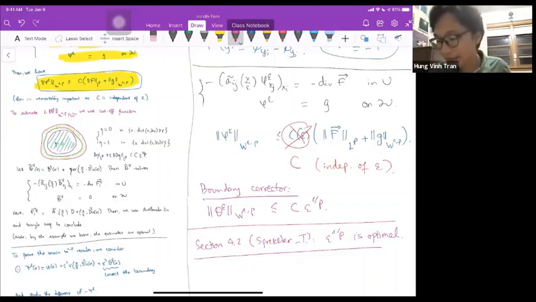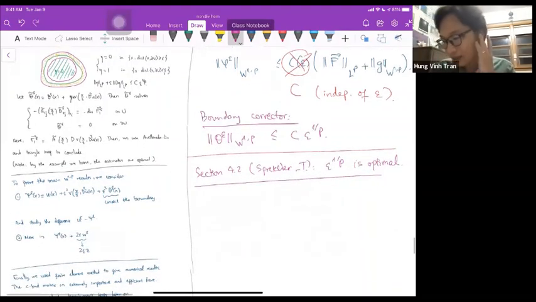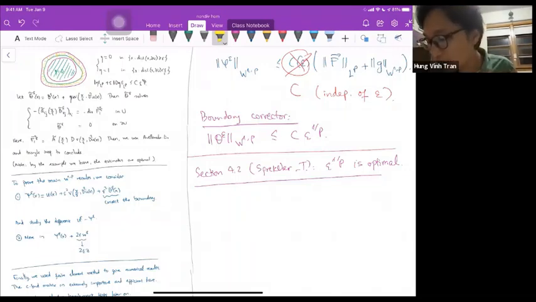Okay, then as I said, I'm just highlighting the steps here because I'm nearly done. So to prove the W1P results and stuff like that, we just need to take these correctors into account.